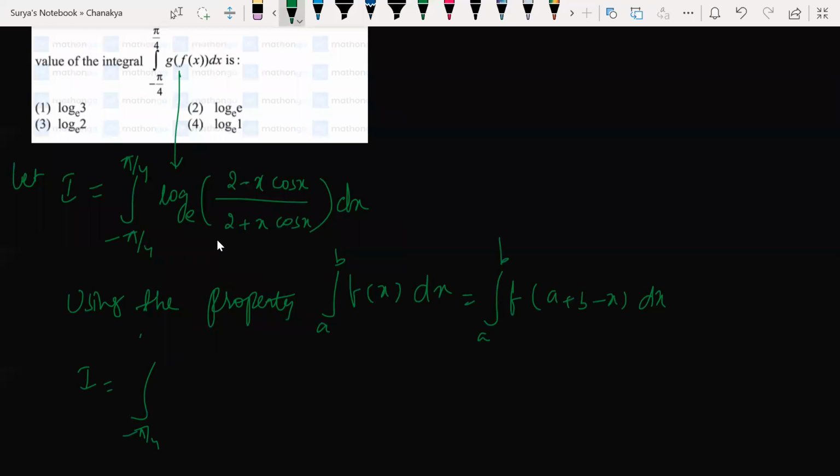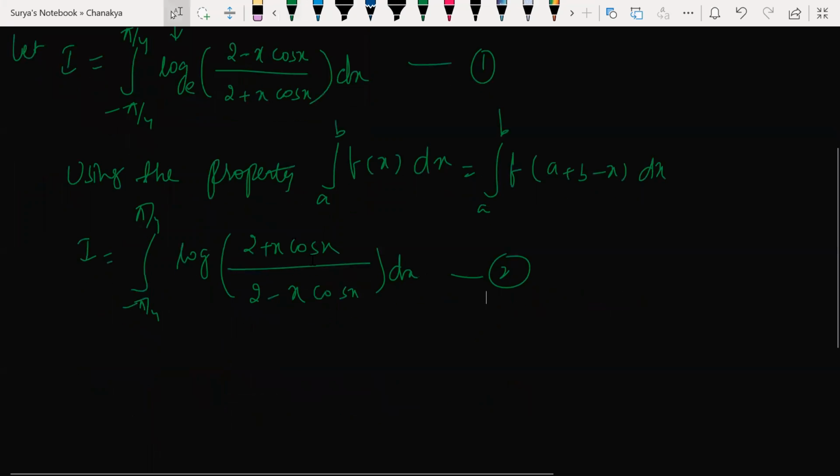Minus pi by 4 to pi by 4 log of, what are you going to get, 2 plus x cos x divided by 2 minus x cos x dx. Let us take this as first equation and this as second equation.